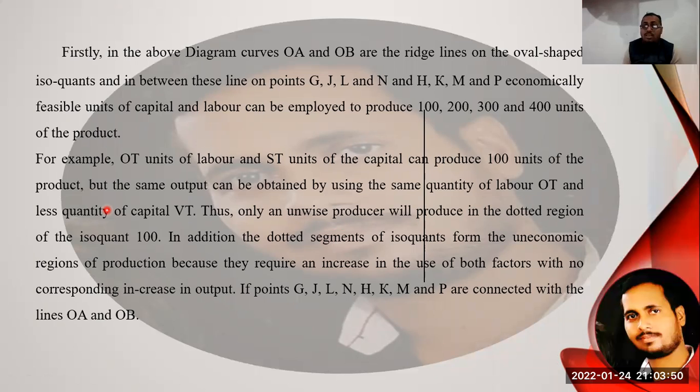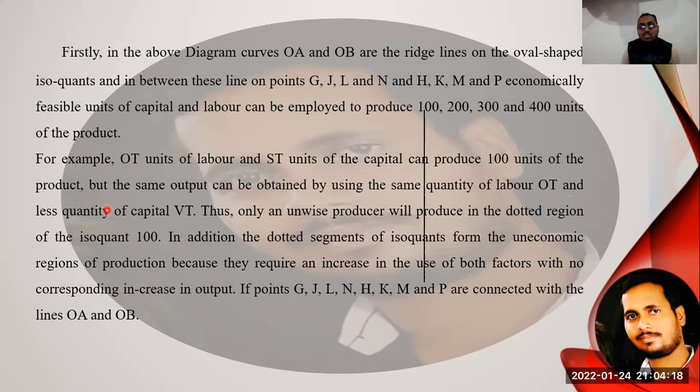Thus only an unwise producer will produce in the dotted regions of the isoquant 100. In addition, the dotted segments of the isoquant form the uneconomic regions of production, because they require an increase in the use of both factors with no corresponding increase in output.